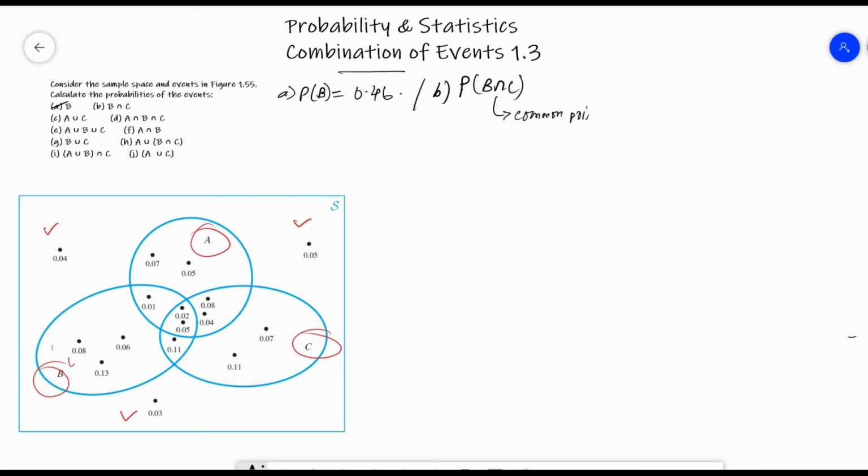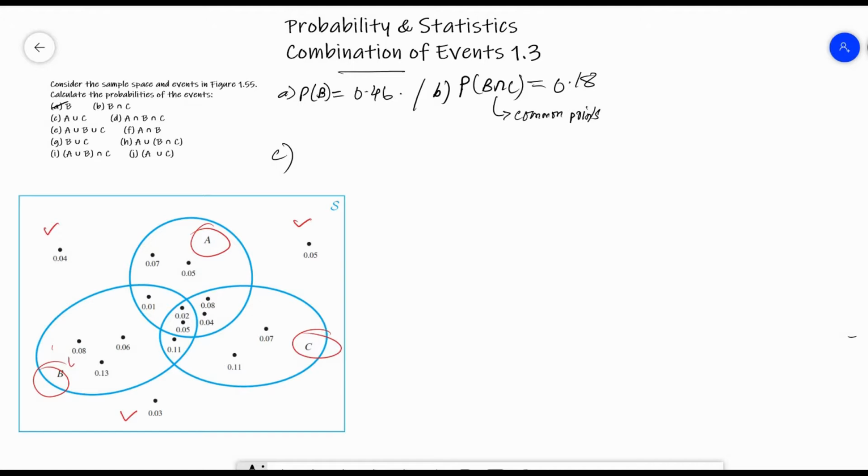Now the common space for the event B and C, this one is B and this one is C, is this zone. So if we add them up together, we get 0.02 plus 0.05 plus 0.11, we get 0.18.